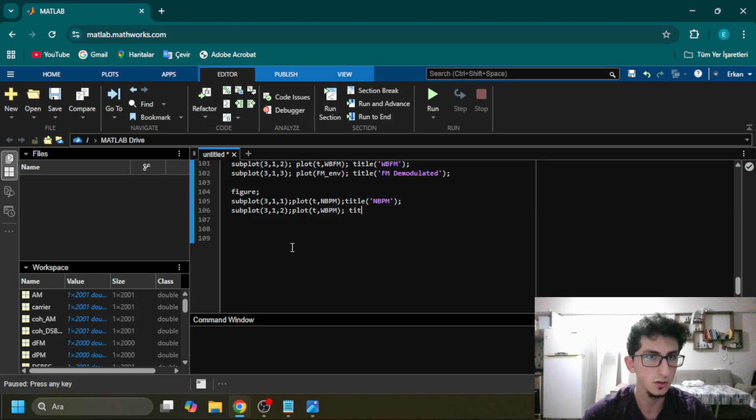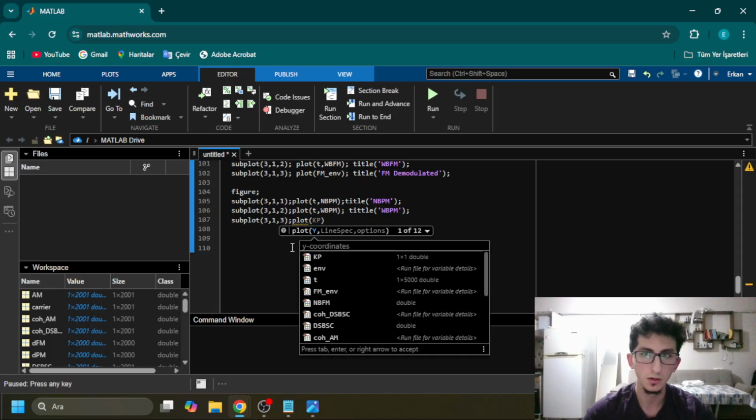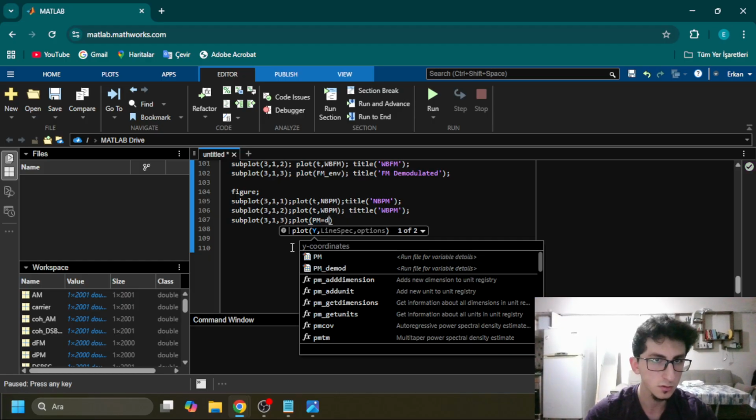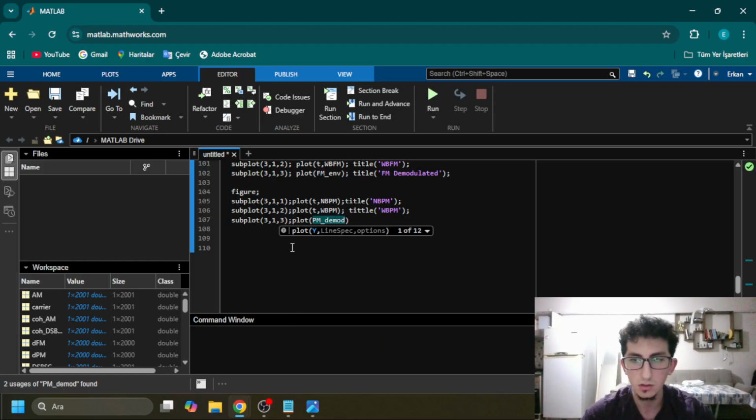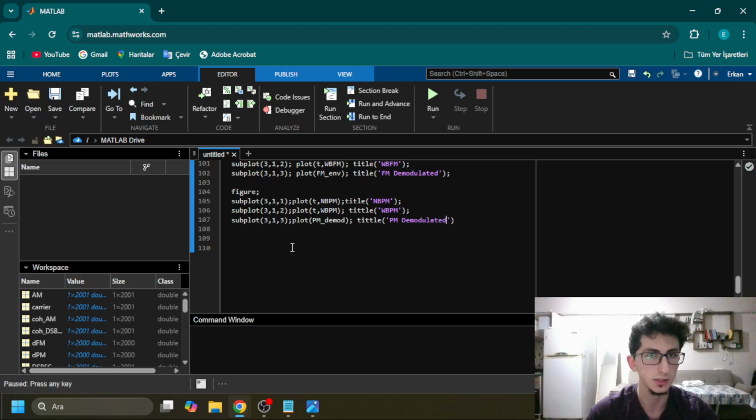And also the title is gonna be wideband PM, and the last one is subplot 313, and the plot is gonna be PM demodulated, and the title is PM demodulated.